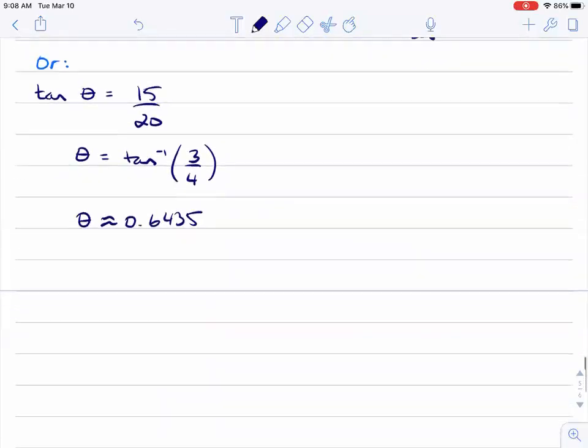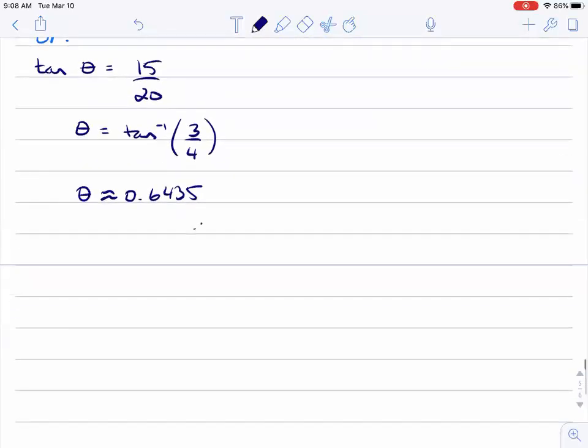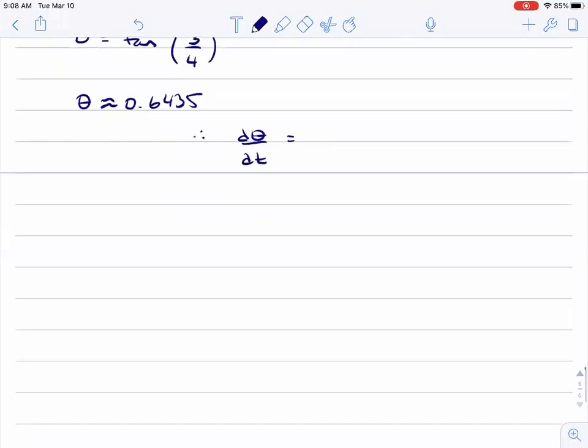So therefore, d theta dt is going to be 1 over 5 cos squared of 0.6435. Okay. So the cos of that, and then square that, and then divide it by 5 does put me at the same thing.